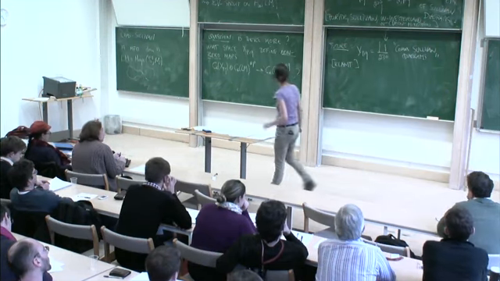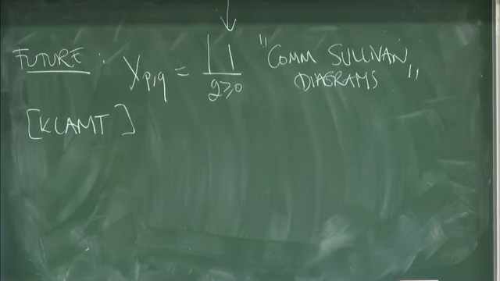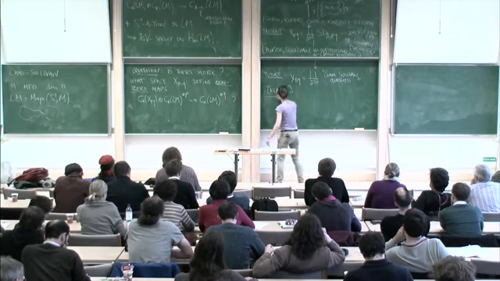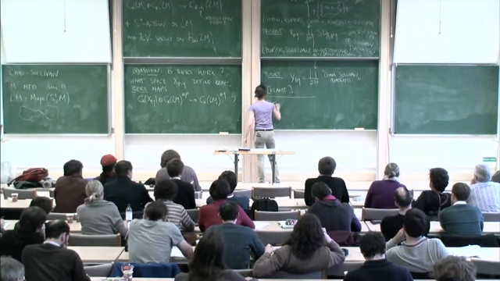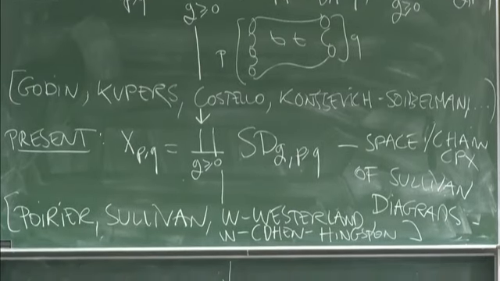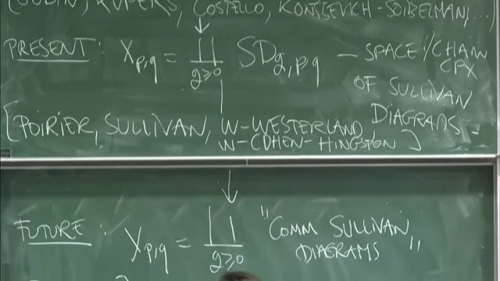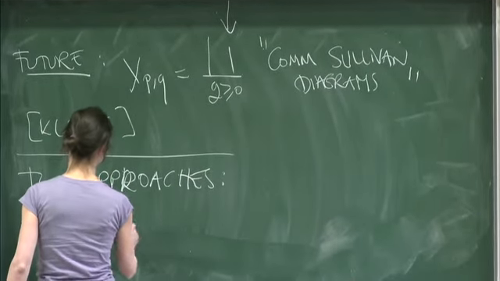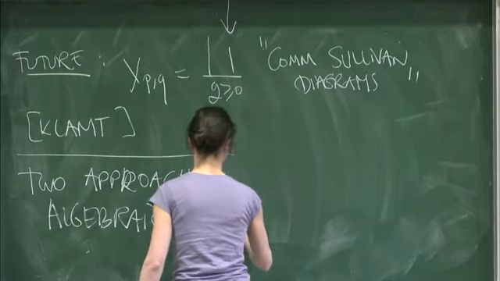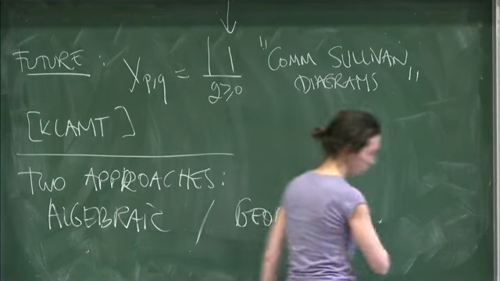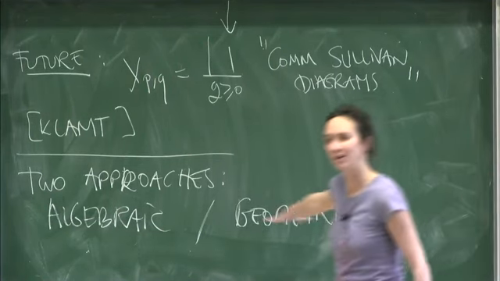Good. So there are two approaches to do such a construction. There's an algebraic one and a geometric one. The geometric one is the one I explained a little bit.